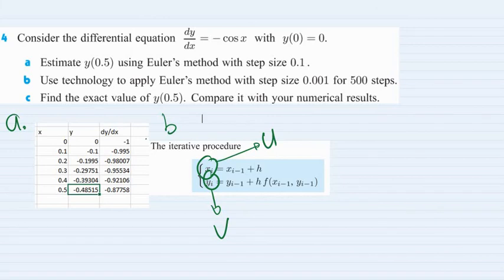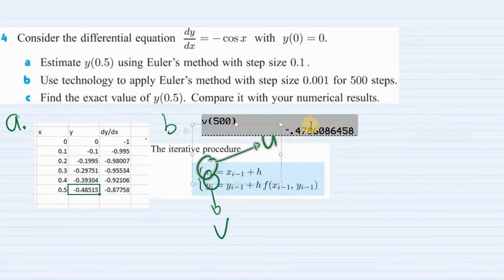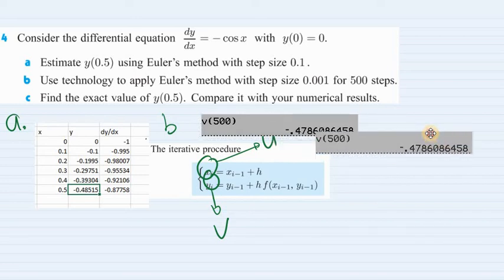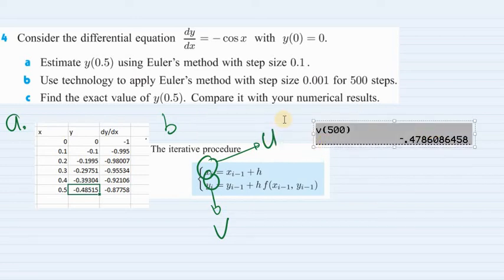Okay, so from the calculator we have this one, v 500, with the step a little bit smaller. 500 steps means until 0.5, yeah, same. So let's calculate the c. Find the exact value of y 0.5 and compare it with your numerical result.